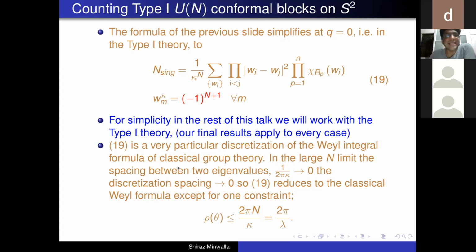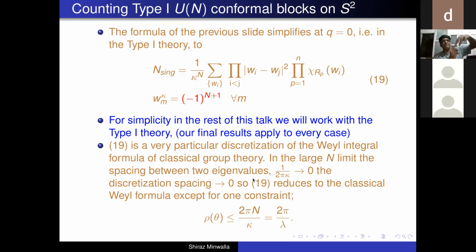Okay, and then as I mentioned, this is a particular discretization of the classical Weyl integral formula for UN. And this discretization has a particular property, because we're summing only over discrete values. And if you take two of these eigenvalues and put them at the same w, the integrand goes to 0 because of the |w_i - w_j|^2 term.